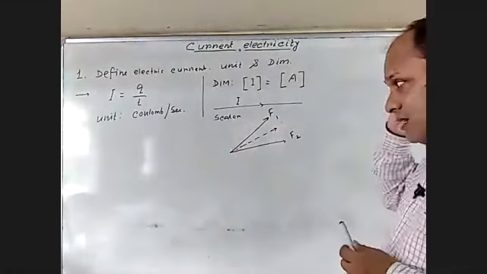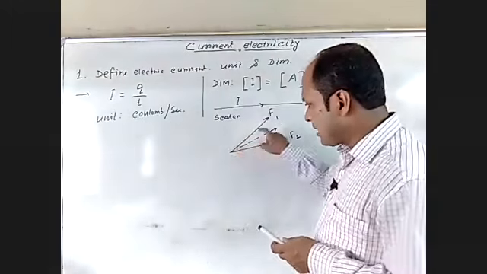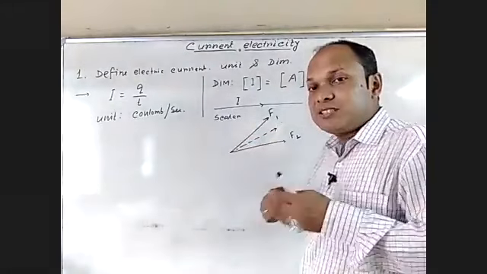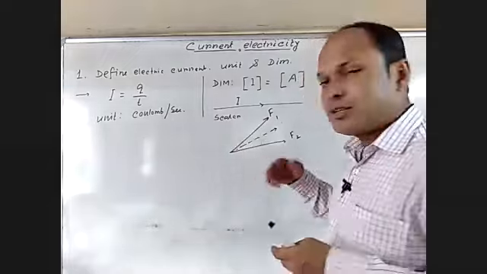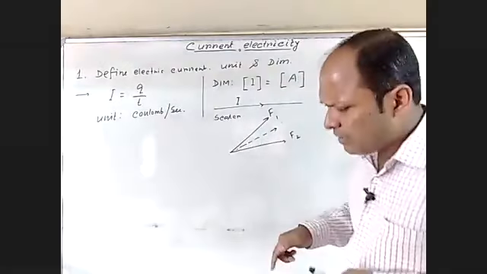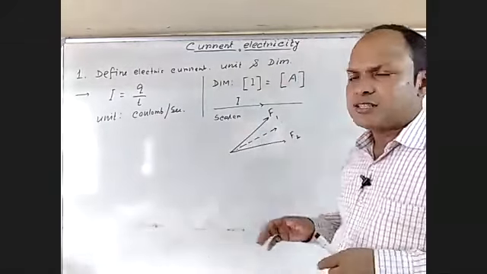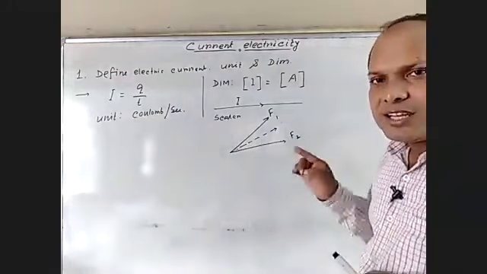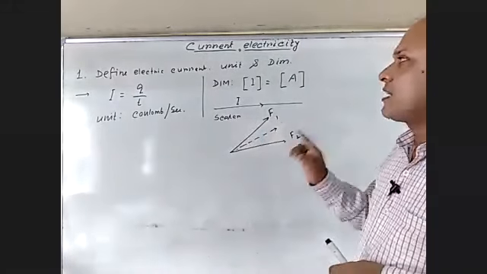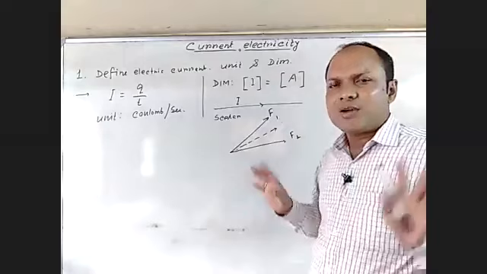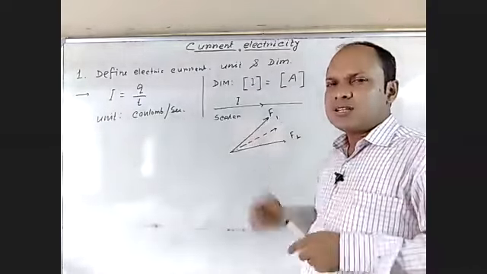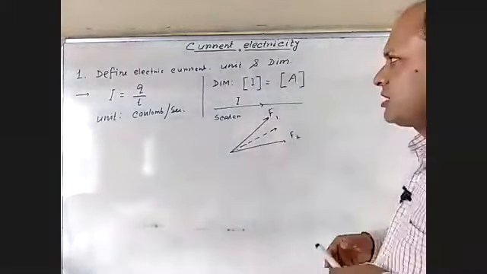That means if two forces are acting at a single point, then they should have a particular resultant. But in case of current, we are not getting such a resultant. That's why electric current is not a vector quantity. It is a scalar quantity. In further classes or for higher level studies, we will think another way.